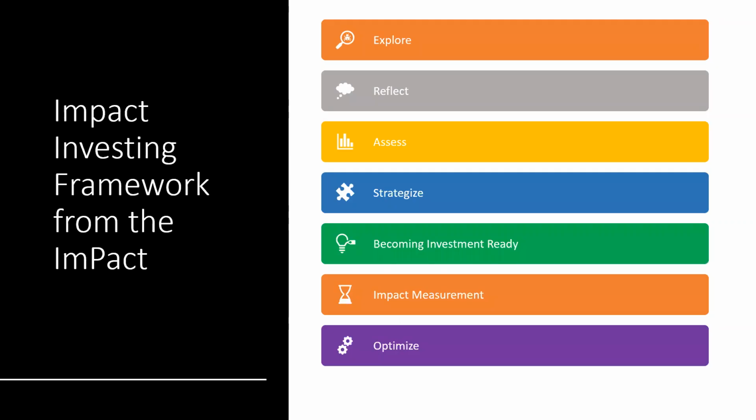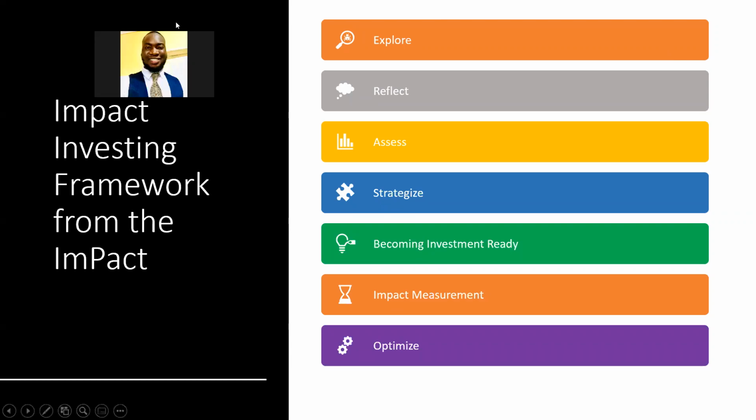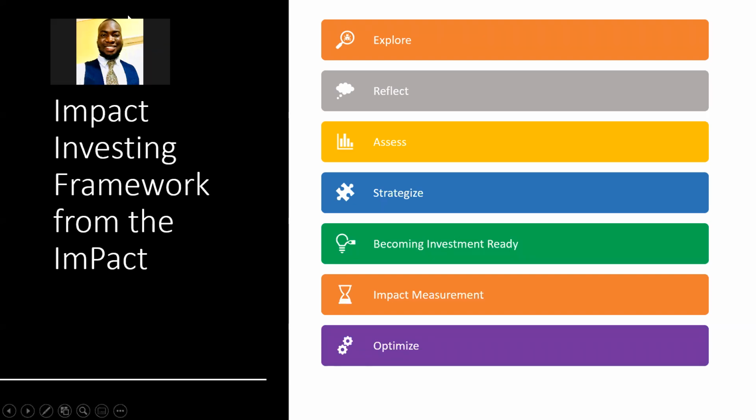All right. Under the ESG Toolkit for transitioning to become an impact enterprise, we have 7 steps. And these 7 steps are what we are calling the impact investing framework. Of course, the major source of this is the IMP, as you can see. The first step is exploring, which we were doing in the first presentation.